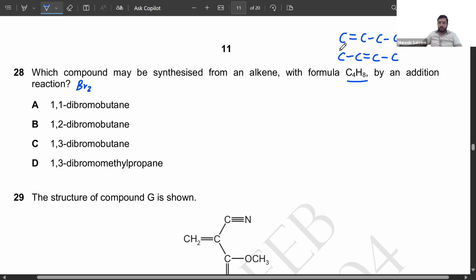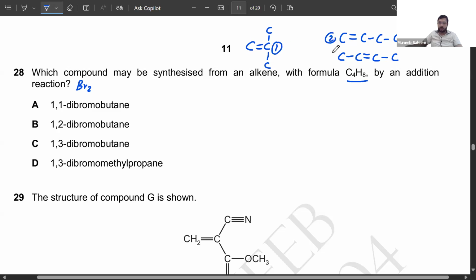Or one more could be the one in which carbon 1 and 2 have the double bond, and then the other carbon is bonded with one carbon below and one carbon above. So here we have the three types of isomers with the molecular formula of C4H8.